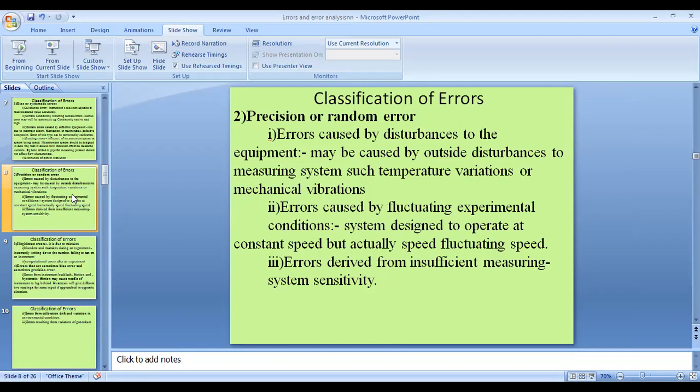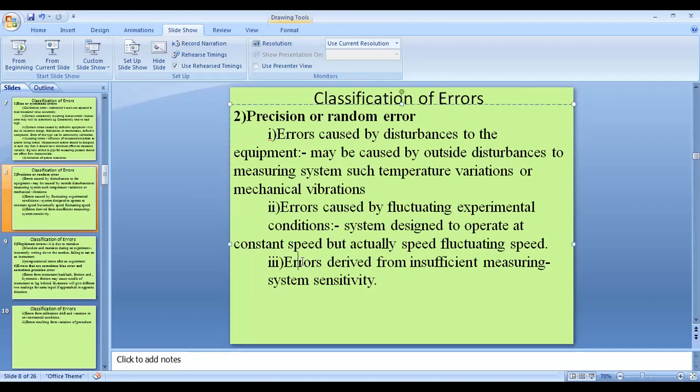The frequency of the electric supply is not exactly 50 hertz, it goes on fluctuating. If this frequency changes, the RPM of the machine motor will change and it will affect the flow supplied by the compressor, blower or pump.